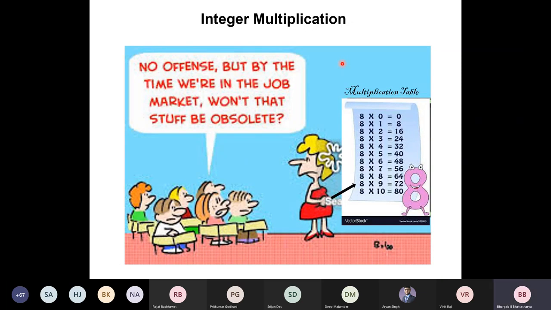So that's all about integer addition. Any comments so far? So what did we study so far? Let us summarize. We started with ripple carry adder, and then we thought about carry look ahead.